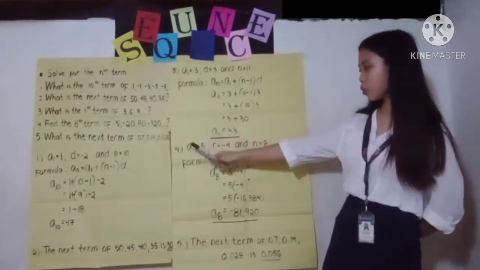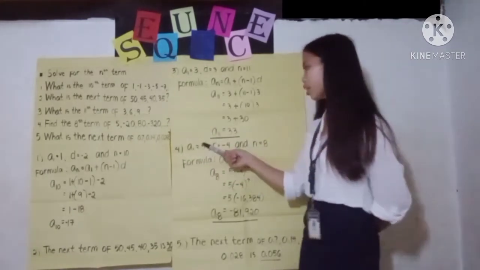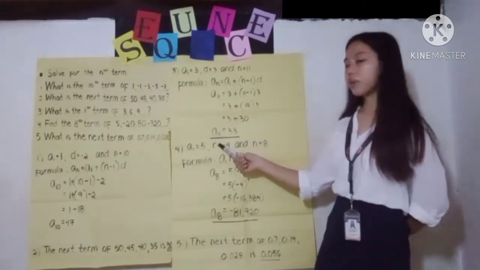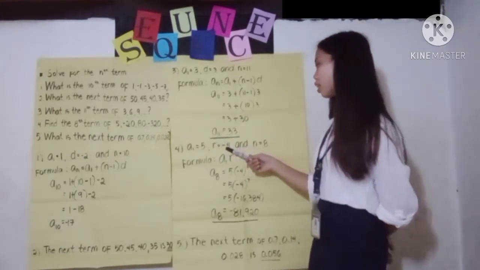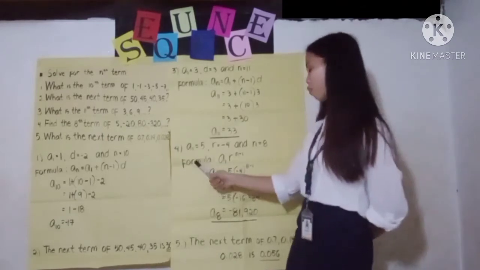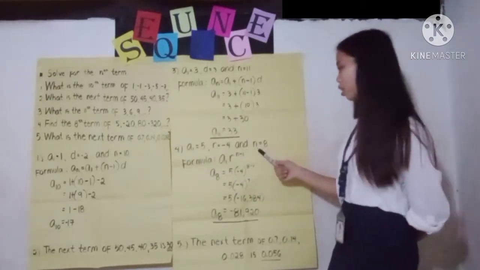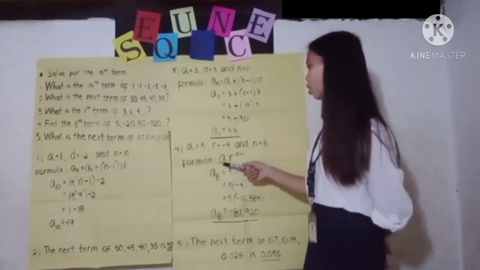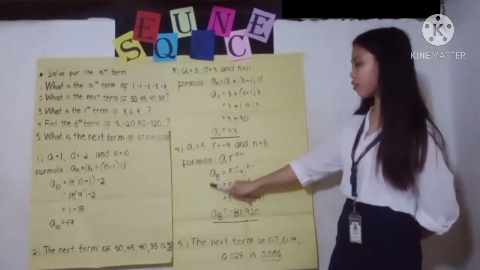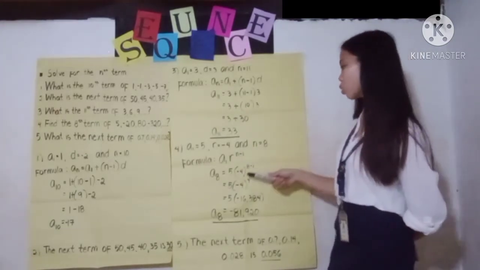Number 4, which is a geometric sequence. A sub 1 equals 5. Our common ratio is equal to negative 4 and our n is 8. The formula is a sub 1 times r raised to n minus 1. So, substituting all the given values, a sub 8 equals 5 times negative 4 raised to 8 minus 1.